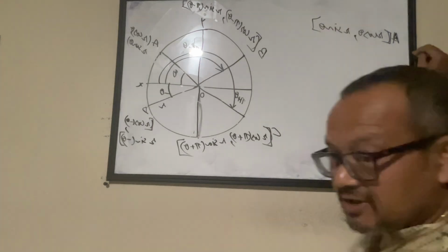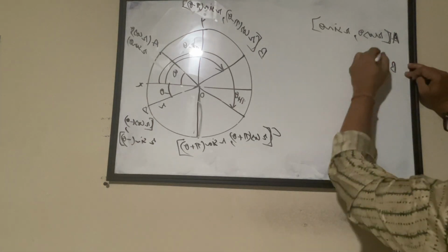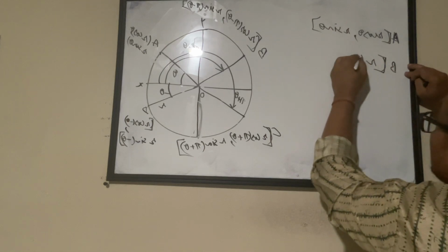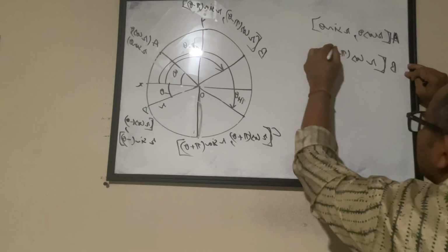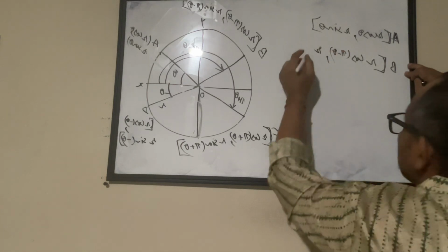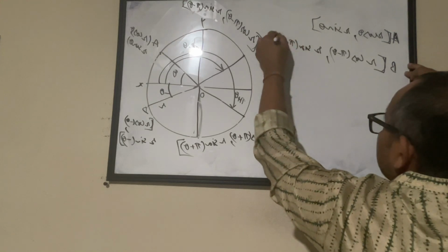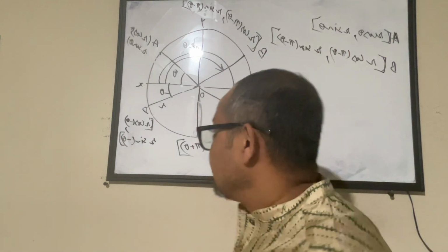Look at it carefully. B's coordinates are r times cos pi minus theta, r times sine pi minus theta. It is just about observation, nothing complex here.